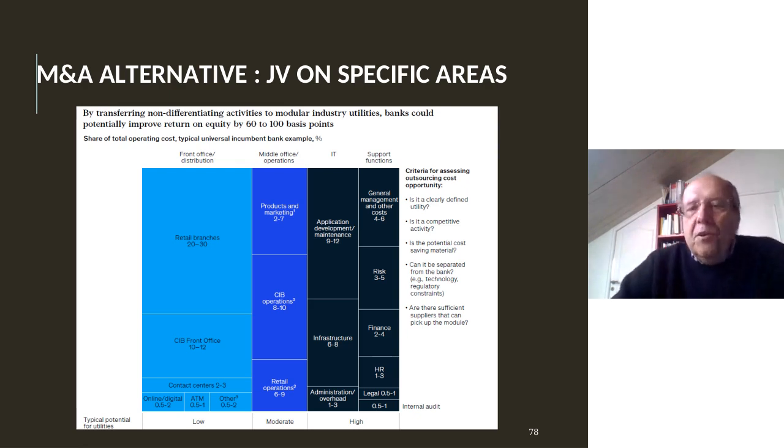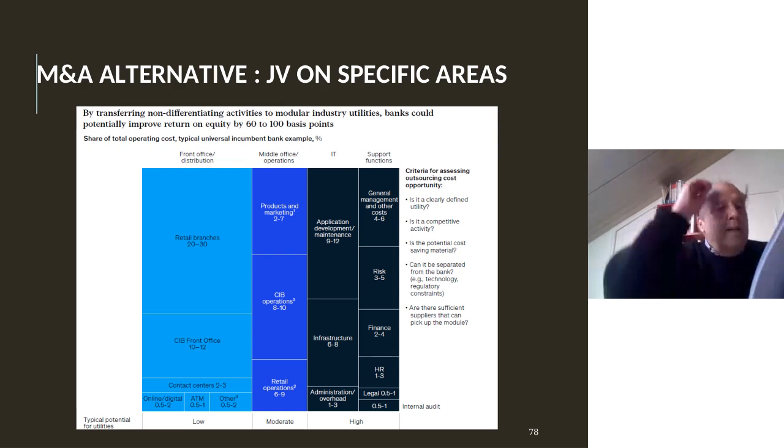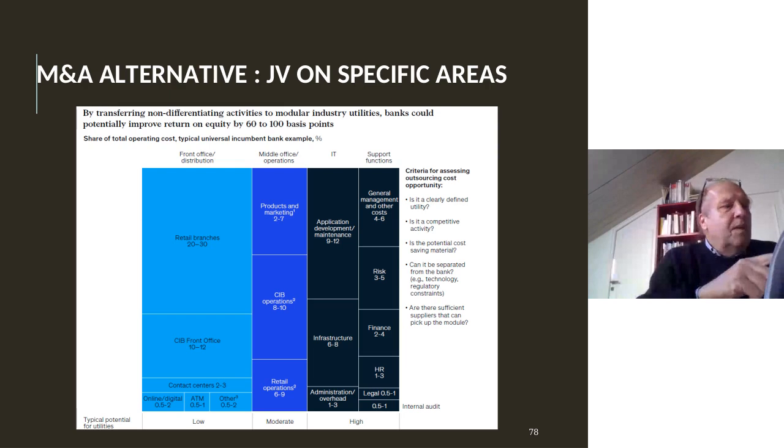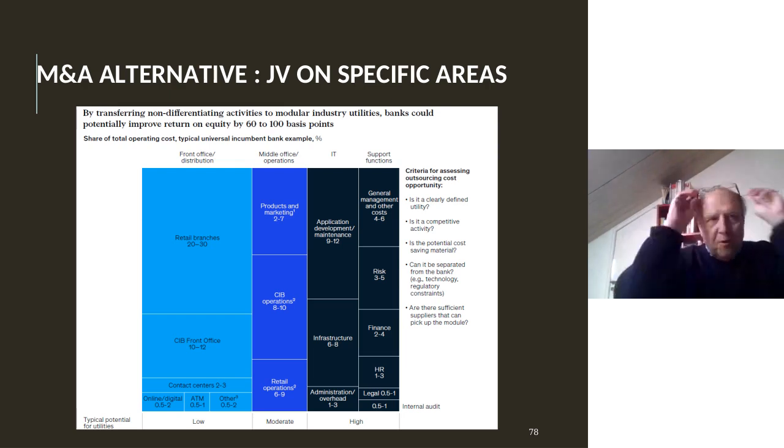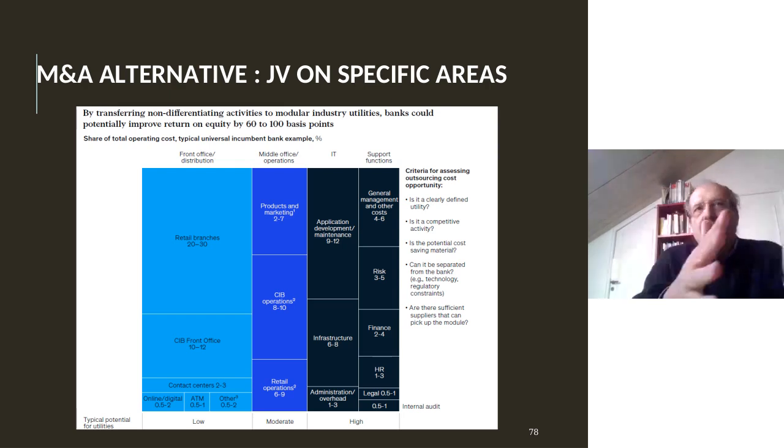Well, you could do a joint venture. This is again McKinsey. You see, M&A is an area where the consultant has a lot of things to tell, and McKinsey says that if you share things, you can gain points in cost income ratio or cost ratio.